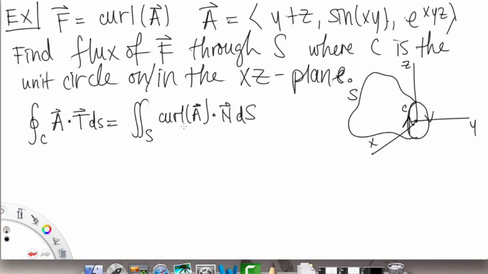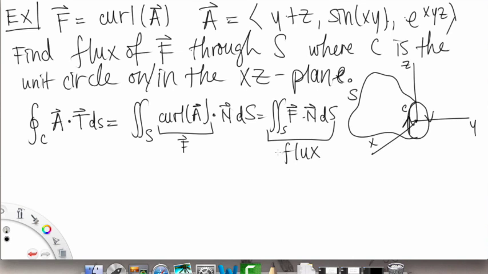And this also equivalently is equal to the surface integral of F dot n dS, and this right here is the flux. So this is what we're trying to get to. So basically what we can do is work through this side here. Alright, so flux is equal to this thing as well as this thing as well.